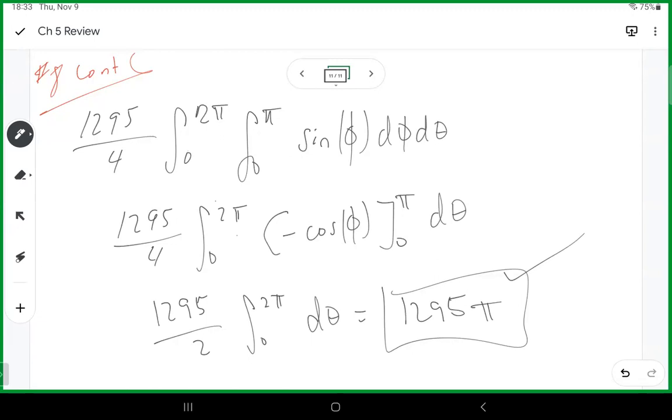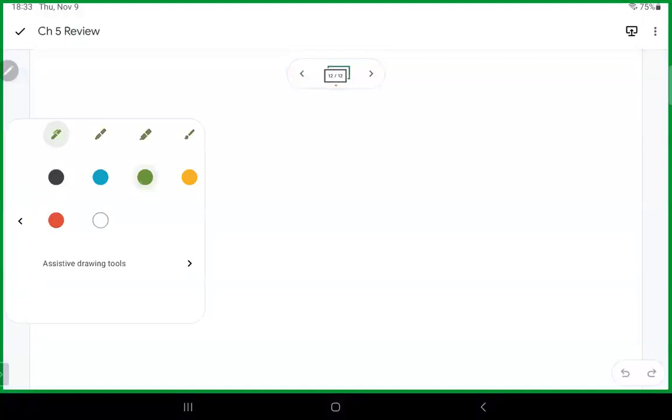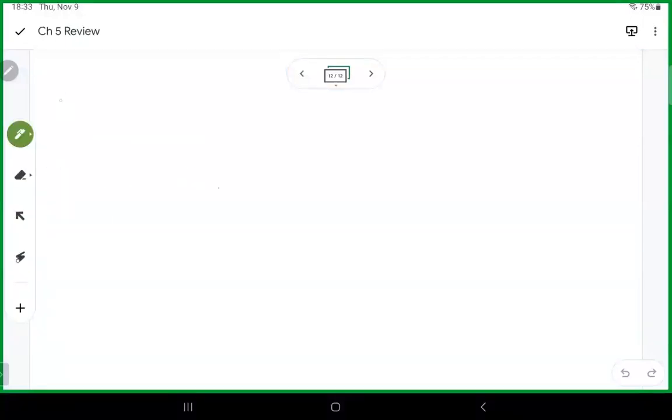Okay, and then the last one, I think, is a total gift. It is a gift from not only me, but just the section, the chapter in general. So the last one is just finding the Jacobian. I didn't even do a triple. I just did a double.